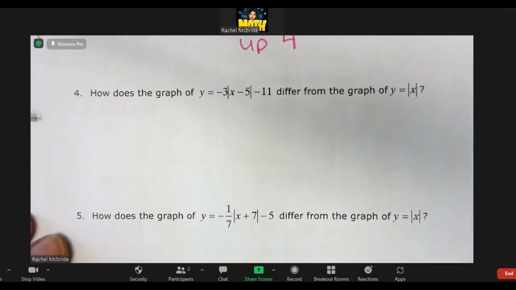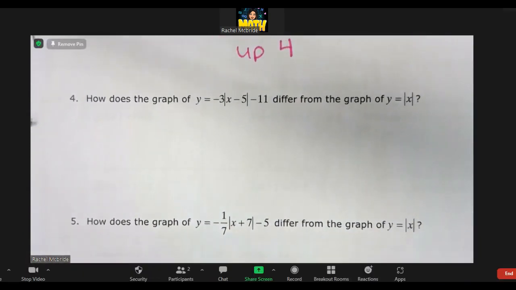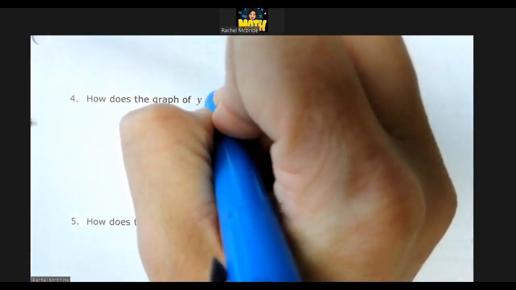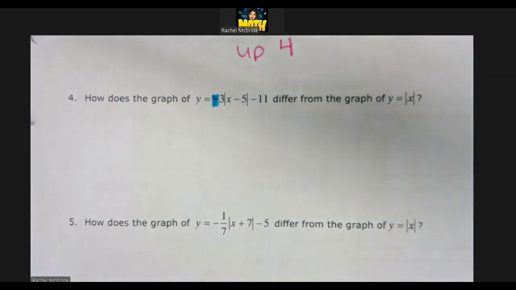Okay, number 4. In example number 4, we have multiple transformations. So we have a negative in front. So what does a negative in front do to my graph? Reflect it.